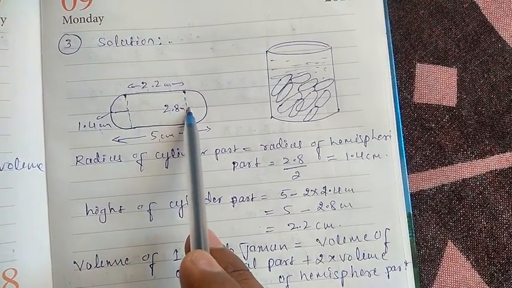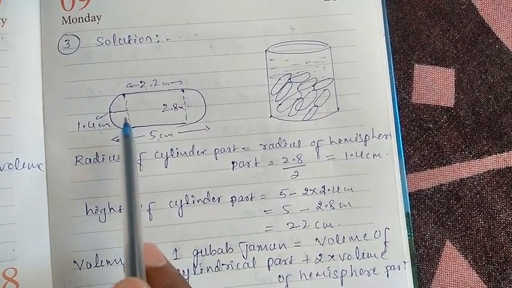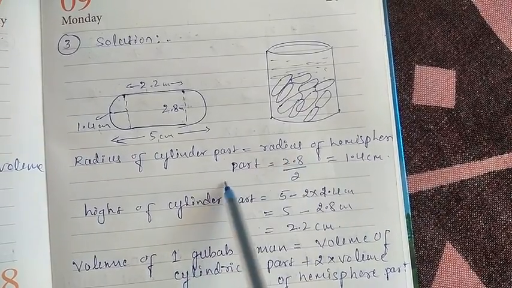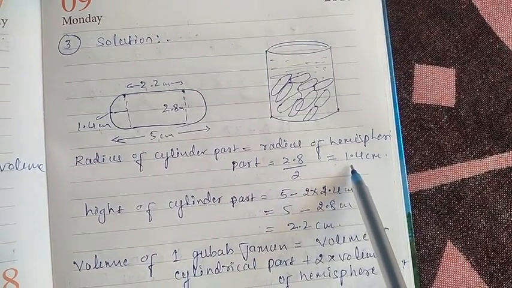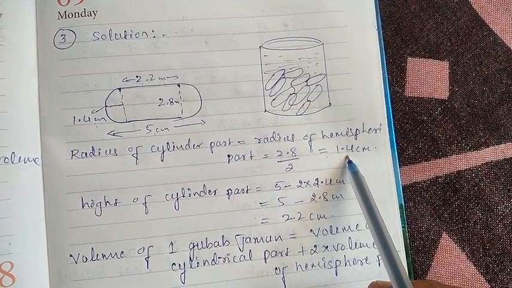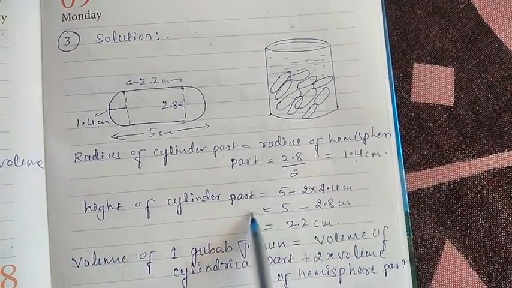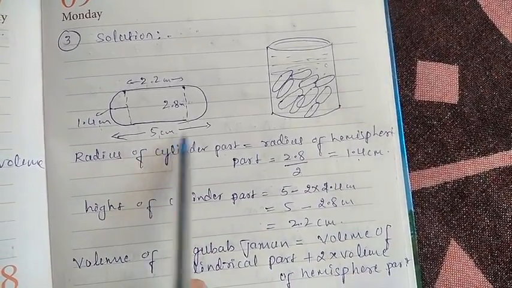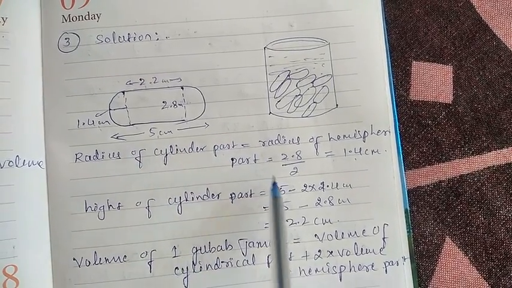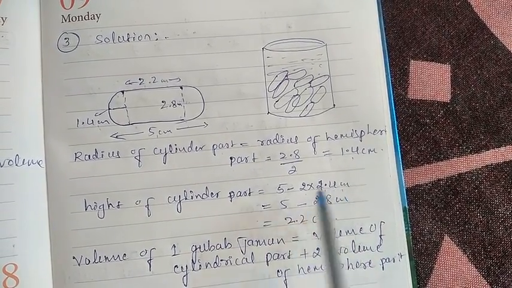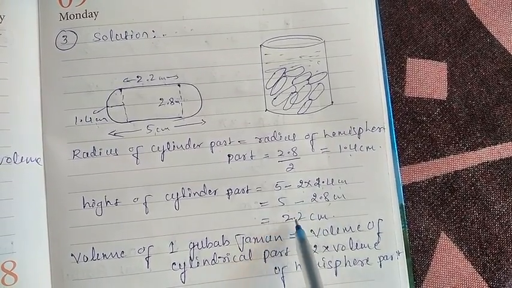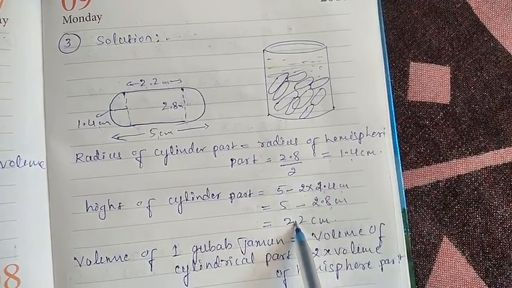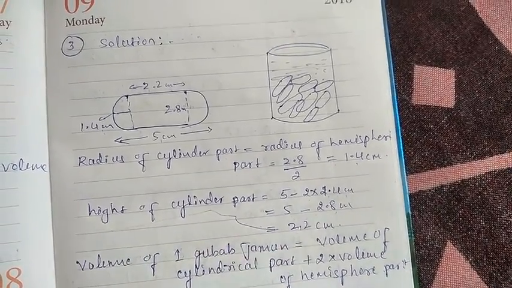The radius is 2.8 divided by 2, that is 1.4 centimeter. Then the height of the cylinder part is 5 minus 2 times the radius, 2 into 1.4, that is 5 minus 2.8 centimeter, equal to 2.2 centimeter, the height of the cylinder. Correct.